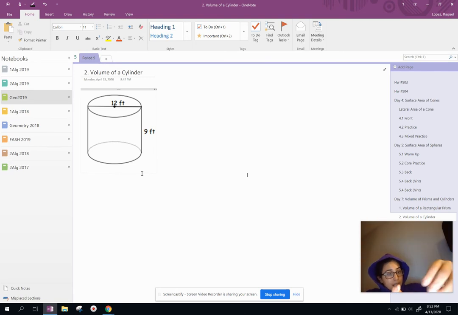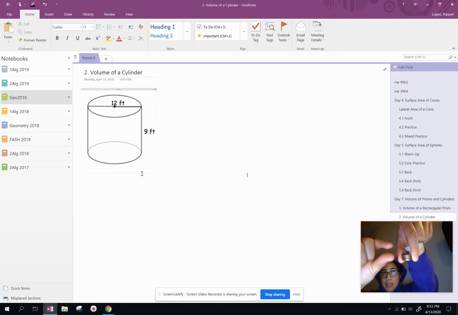So if I were to continue stacking pennies, I'd end up with a pretty short cylinder, right? But we see that the base is a circle, and it's just that circle stacked on top of itself however many times to get your height, and this would be your height.